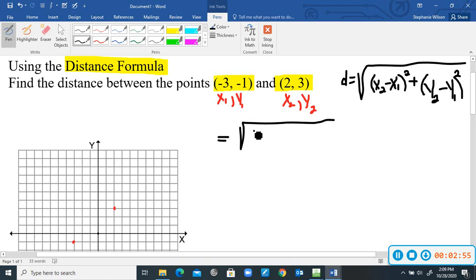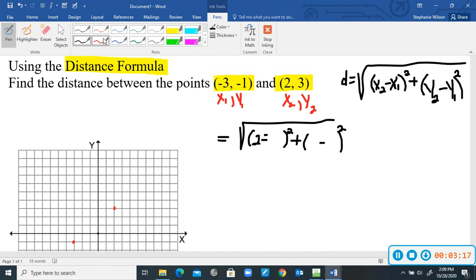Give myself plenty of room. Alright, sorry about the silence, trying to write right quick. So my x2 is 2, my x1 is -3.